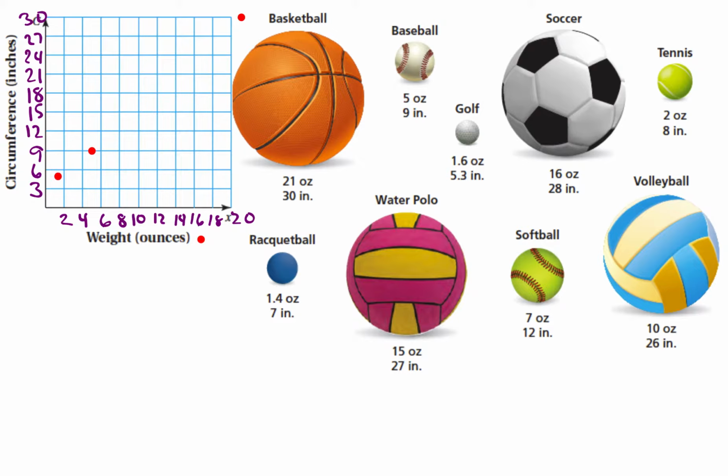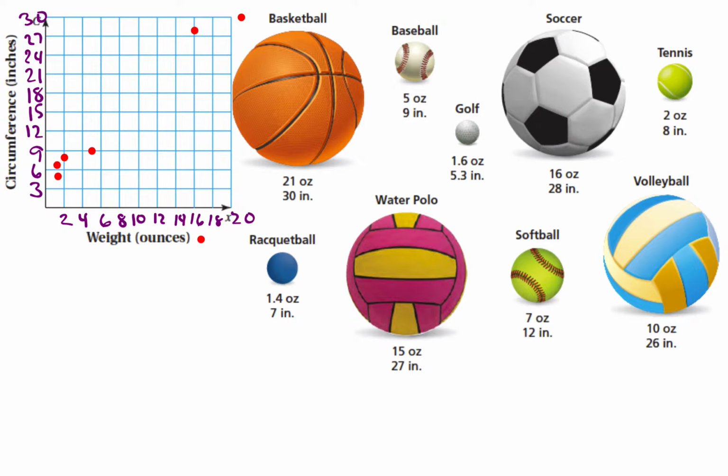The soccer ball is 16 ounces, 28 inches. About there. The tennis ball is 2 ounces, 8 inches. So 2 ounces, 8 inches is about there. The racquetball, 1.4 ounces, 7 inches around. 1.4, sorry, and 7, about right there.